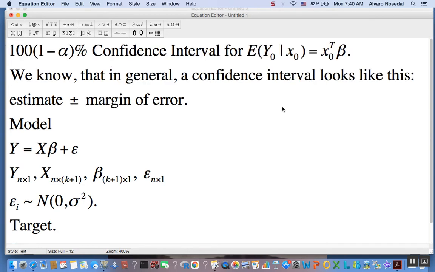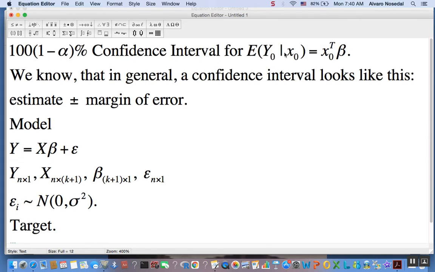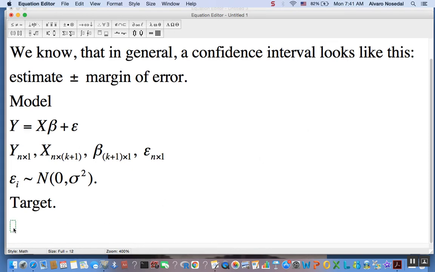Because remember that x0 now represents a vector. So let me use the following notation. x0 transpose will be the following vector.